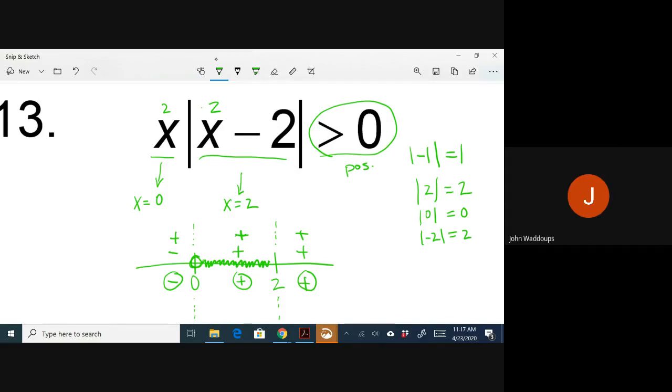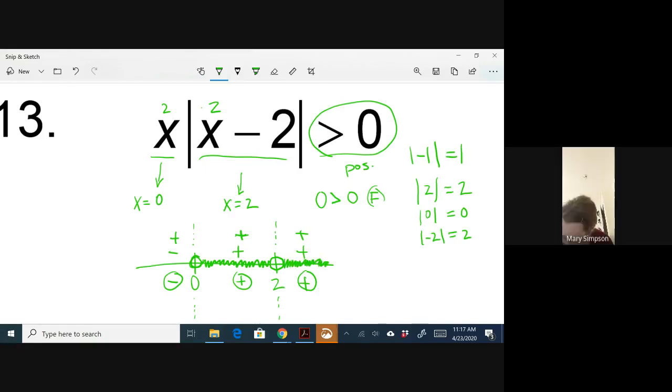And 0 times the first one, 2, is still 0. Is 0 greater than 0? No, this is a false statement. So right here at 2, rather than include that as part of the solution, we're going to put an open circle there. And then continue off to the right.